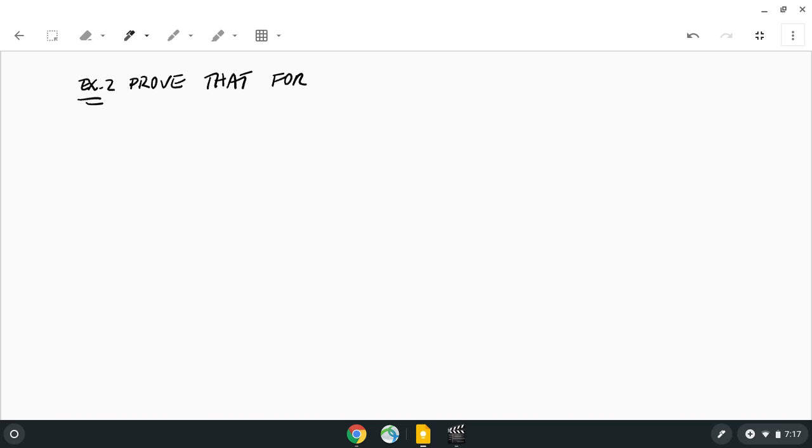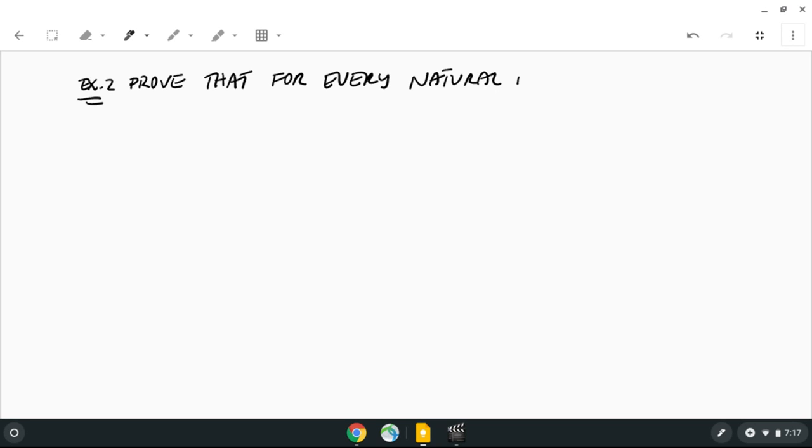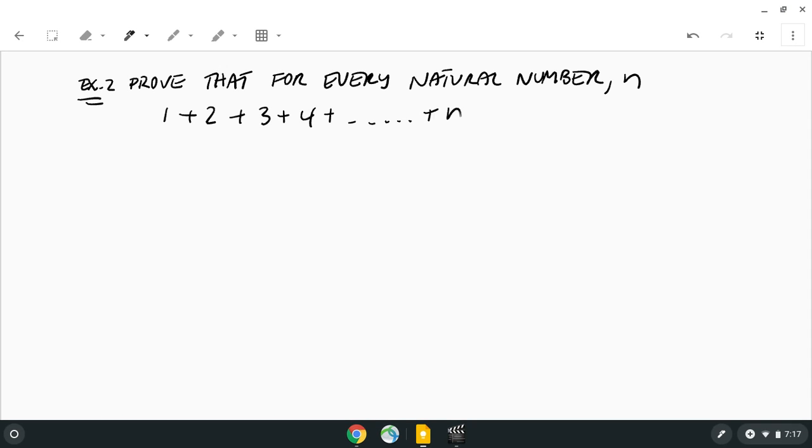Prove that for every natural number n, 1 plus 2 plus 3 plus 4 plus n equals this formula.